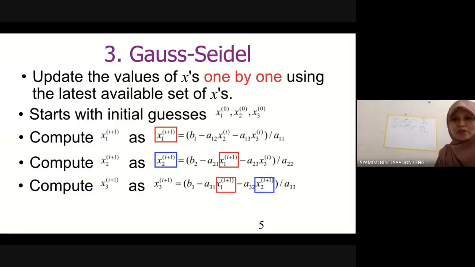So, if we use the Gauss-Seidel method, like the example just now, for the initial value of S1, S2, S3, we put 0, 0, 0, or 1, 1, 1.